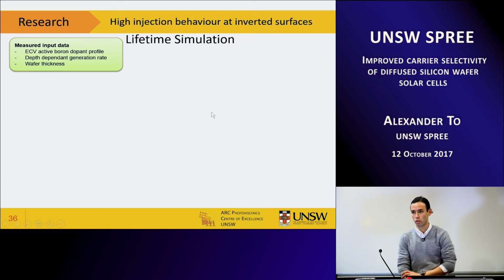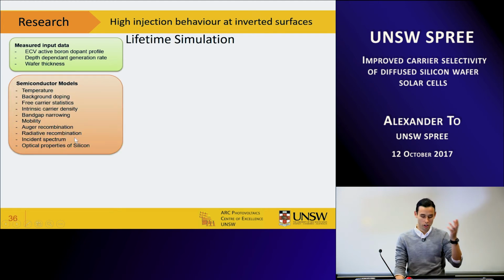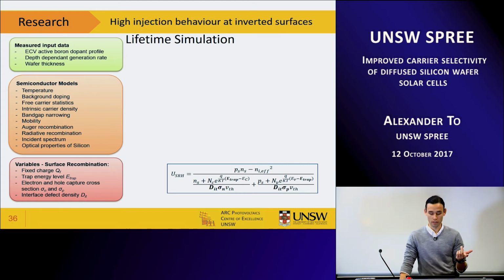This was work that Fajun Ma helped out with. Essentially what we did was we characterized our sample. We got the ECV profile, the generation rate, and the thickness. We then applied all the relevant and state-of-the-art semiconductor models. And we looked at the SRH recombination at the surface, particularly varying the interface charge, the capture cross-sections, and the defect density.